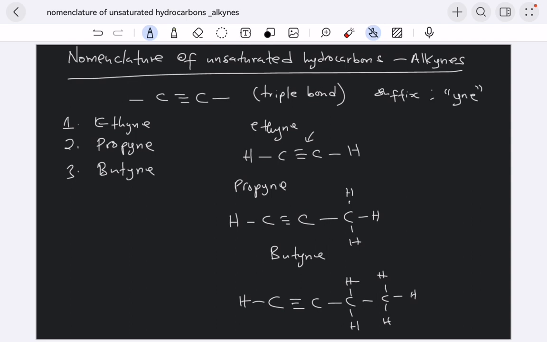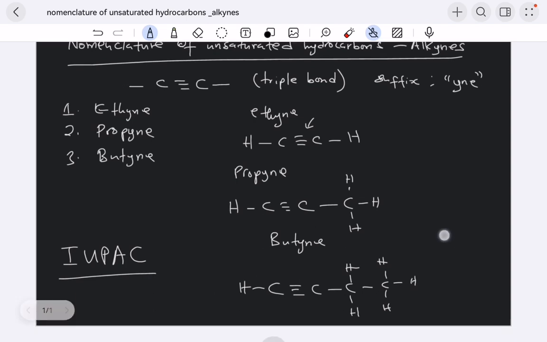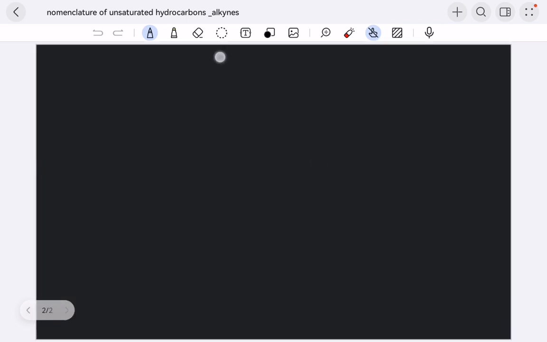So with this essential information now, we can use what we call the IUPAC rules to now give the names of these compounds. Let's quickly go into the examples.